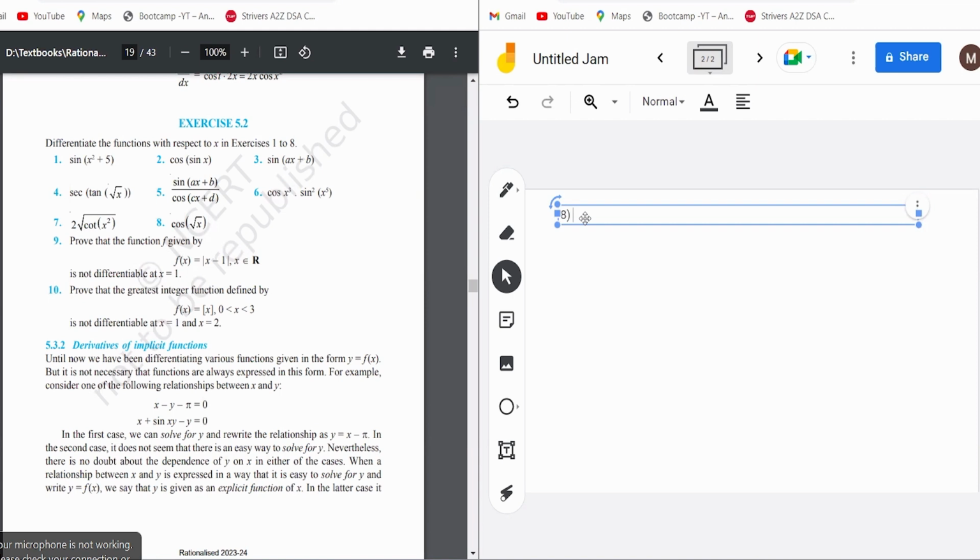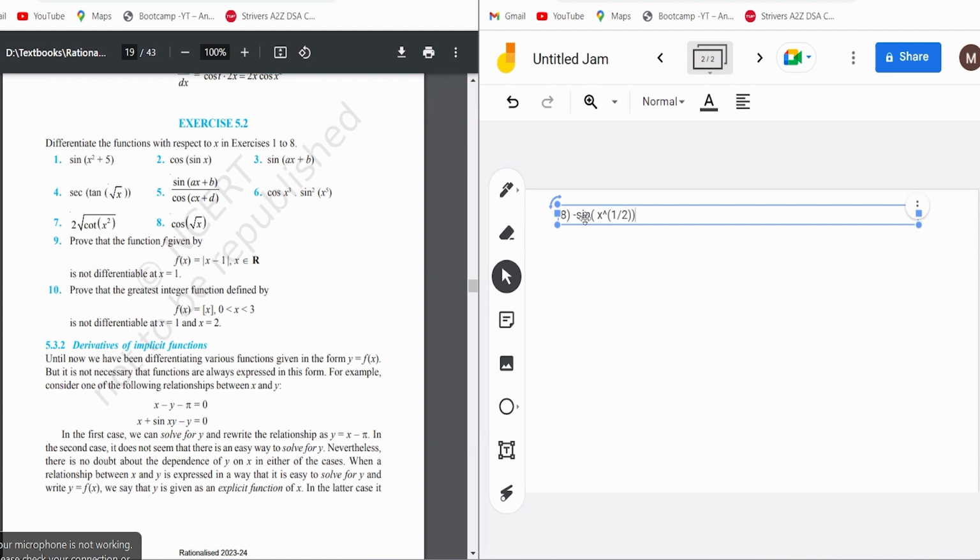Question number 8 is saying cos of root x. Again, simple question. Differentiation of cos x is minus sin x. So it will be minus sine of root x. Okay. Then we have to differentiate root x. So how to differentiate root x?